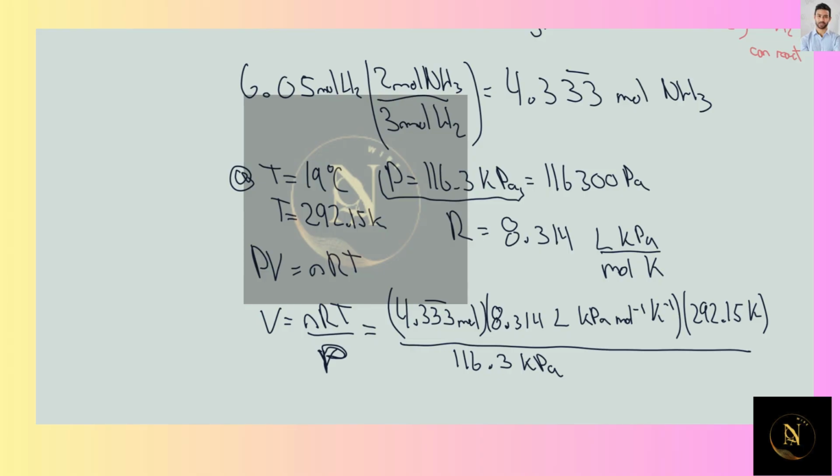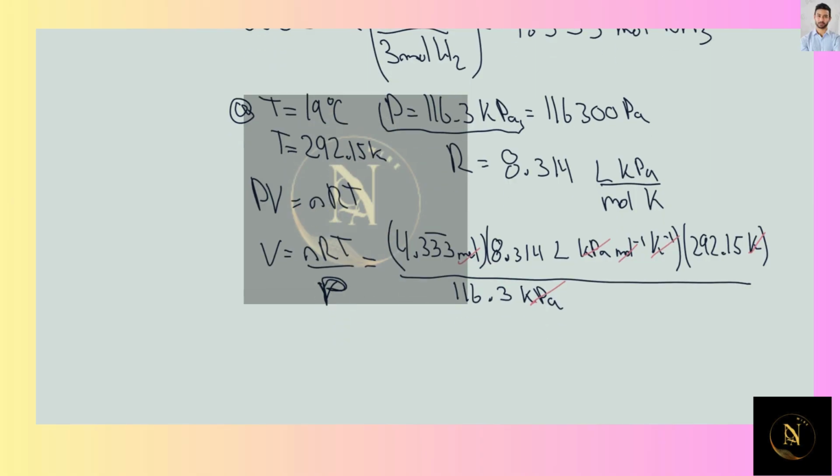Mole and mole to the minus 1 are going to cancel out. Kelvin minus 1 with Kelvin are going to cancel out, and kilopascal with kilopascal is going to cancel out. So the final answer is going to be given in liters and is equal to 90.5 liters of NH3.